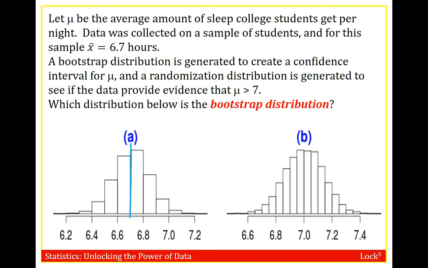If I look at the middle, it's at 6.7. 6.7 was the statistic. The one on the left-hand side, A, is definitely the bootstrap. Mu would only come in when you were looking for a non-bootstrap or a randomization distribution.